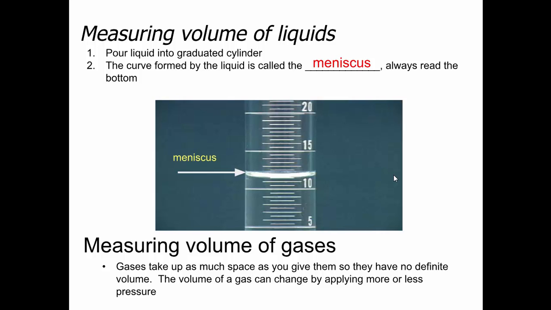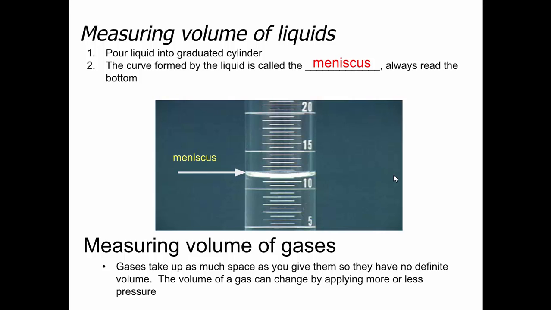Okay, so that's 5, that's 10. How many lines do we have in between? Total: 1, 2, 3, 4, 5, 6, 7, 8, 9, 10. So if there's 10 lines between 5 and 10, what's each line worth? 0.5. And it's marked differently. What do these longer lines represent? The whole milliliters.